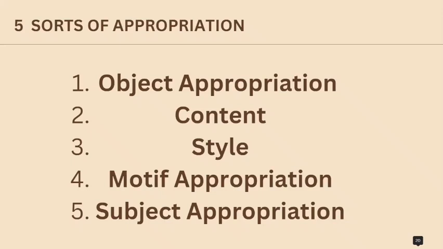When an artist produces works with stylistic elements which are common with the works of another culture. Fourth, motif appropriation. It occurs when an artist is influenced by the art of another culture other than their own without creating works in the same style. And last, subject appropriation. It occurs when outsiders represent a subject matter that is intended by insiders to be secret.